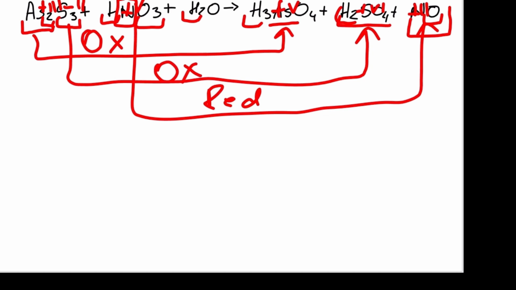We need to write all of the redox reactions, all of the situations where an element changes its oxidation state. So let's start from the oxidation. And of course, we are starting with the first method, considering only the atoms. Okay, so the first oxidation reaction.